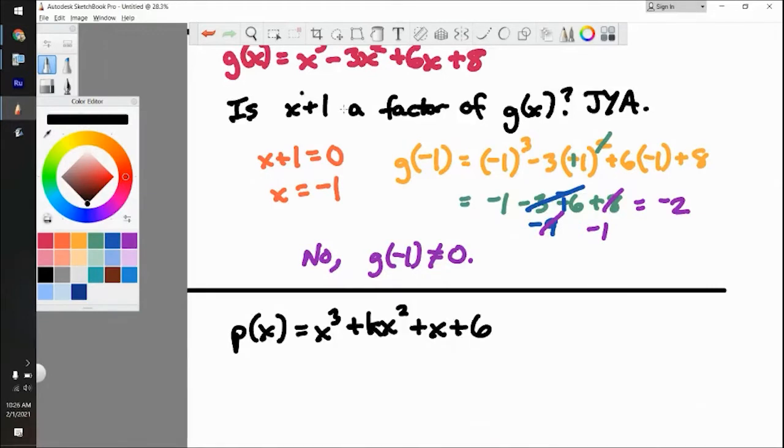And I'm going to say that x plus 1 is a factor of p. Based on that, what is the value of k then?